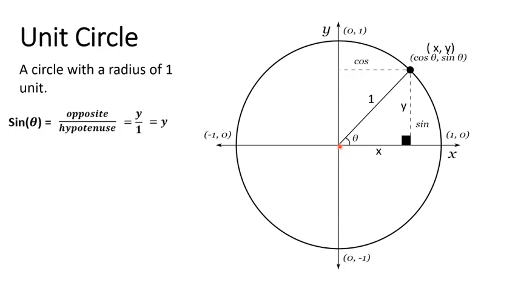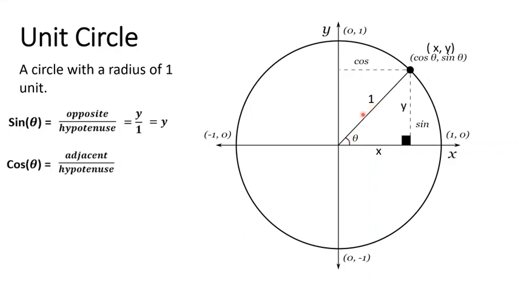We're done with sine, and we are already at cosine. Cosine theta is equal to adjacent over hypotenuse. Again, let's identify the adjacent and the hypotenuse. For cosine theta, we have the theta here. The adjacent is x and the hypotenuse is equal to 1.